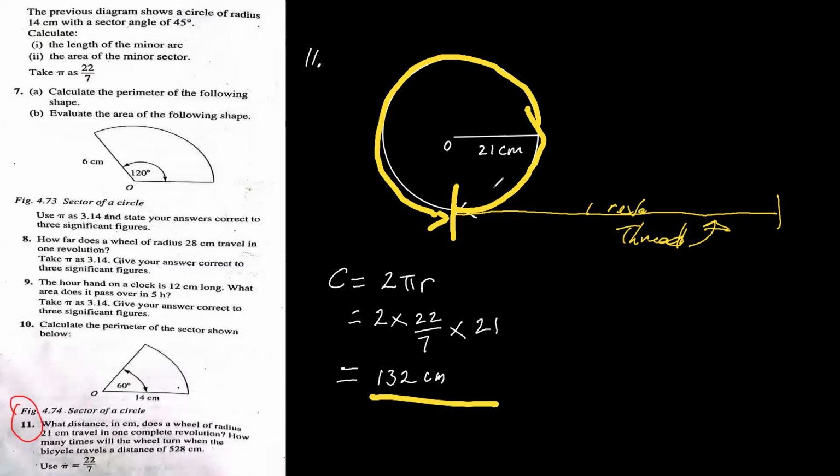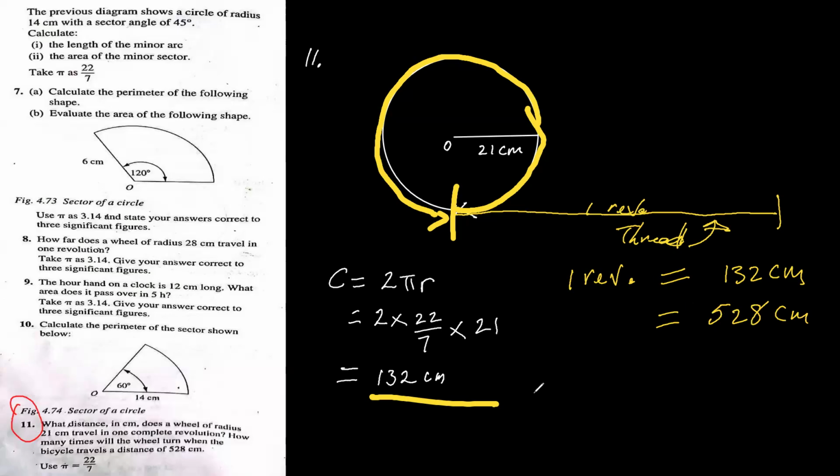Okay? So if one revolution is equal to traveling a distance of 132 centimeters, how many revolutions is 528 centimeters?